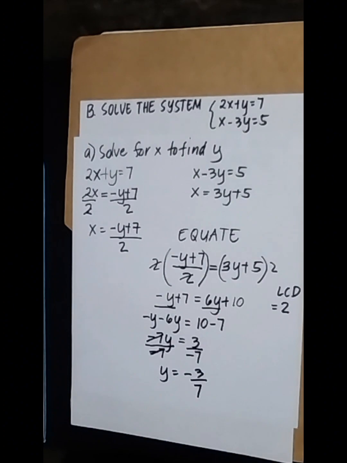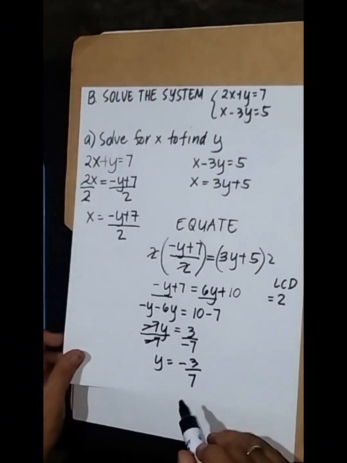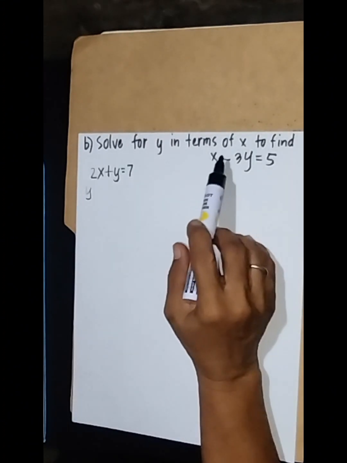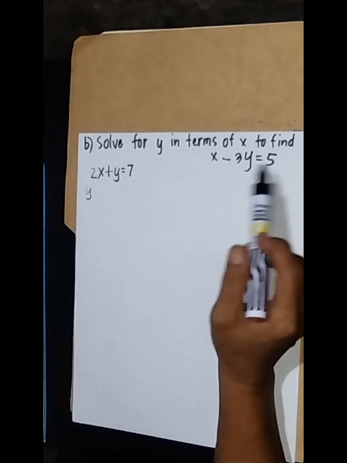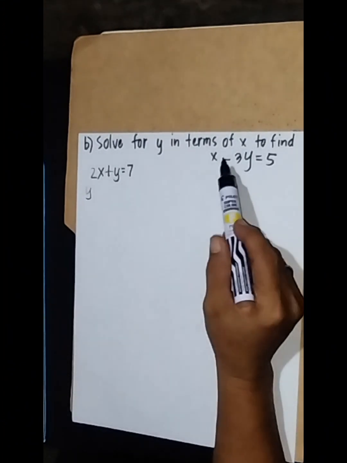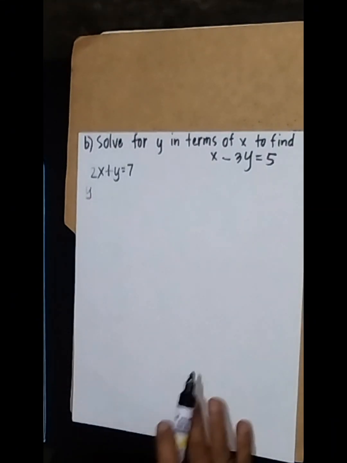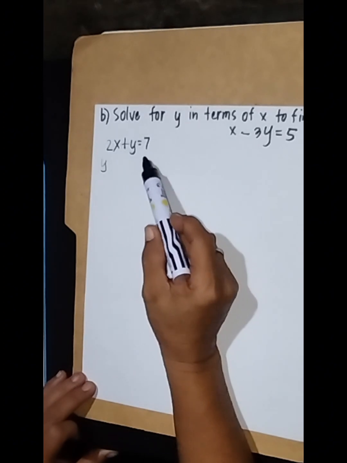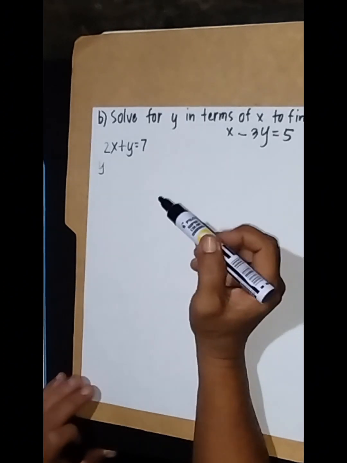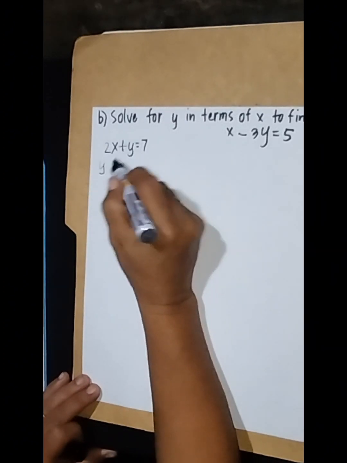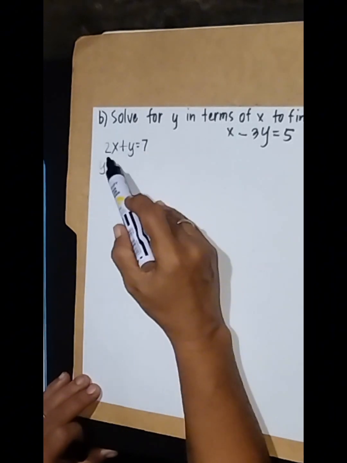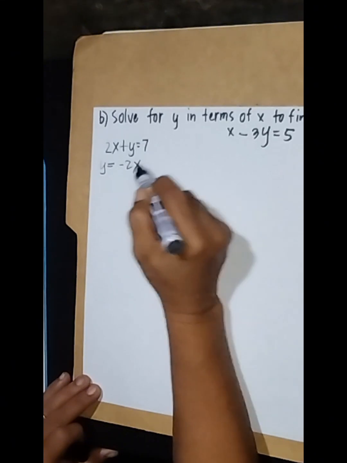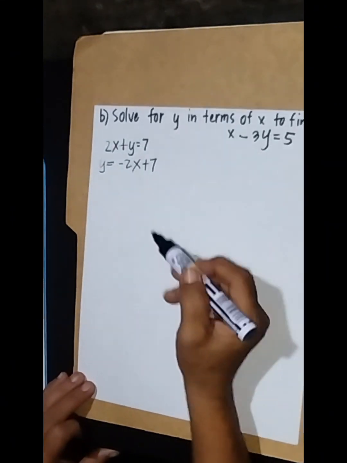Now that we have the value of y, which is negative 3 over 7, we have to solve for y in terms of x to find x. Okay. So we have the first equation, 2x plus y is equal to 7. So solve for y. So y is equal to, ilipat po natin ang 2x sa right side, so magiging negative na po siya, plus 7.